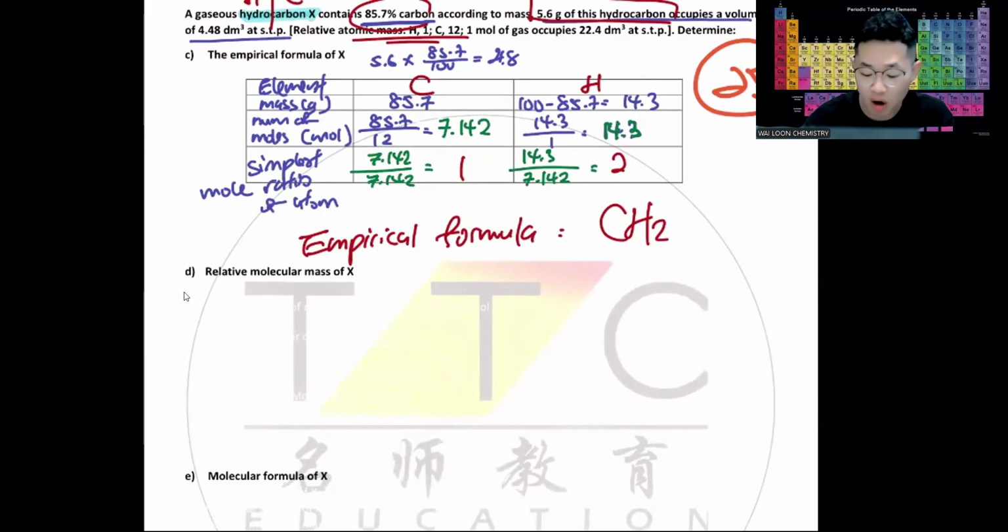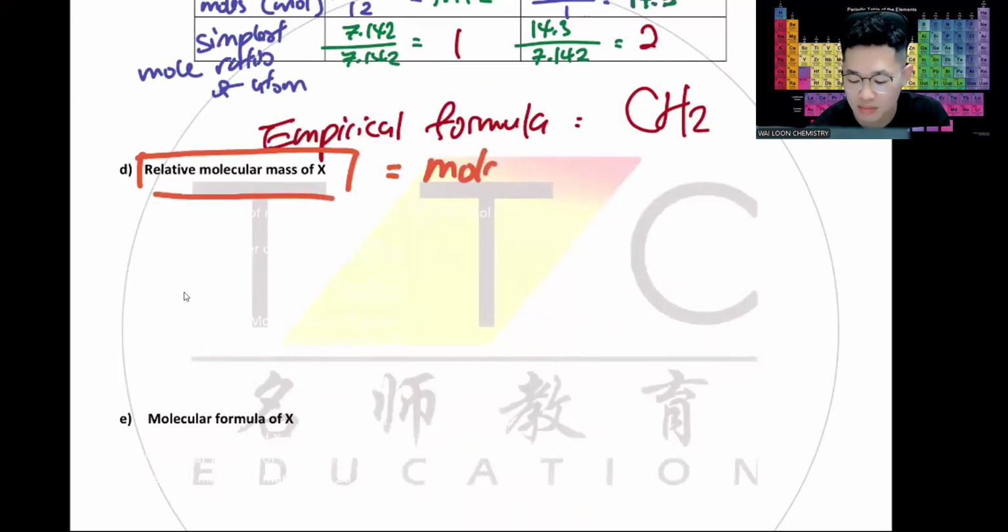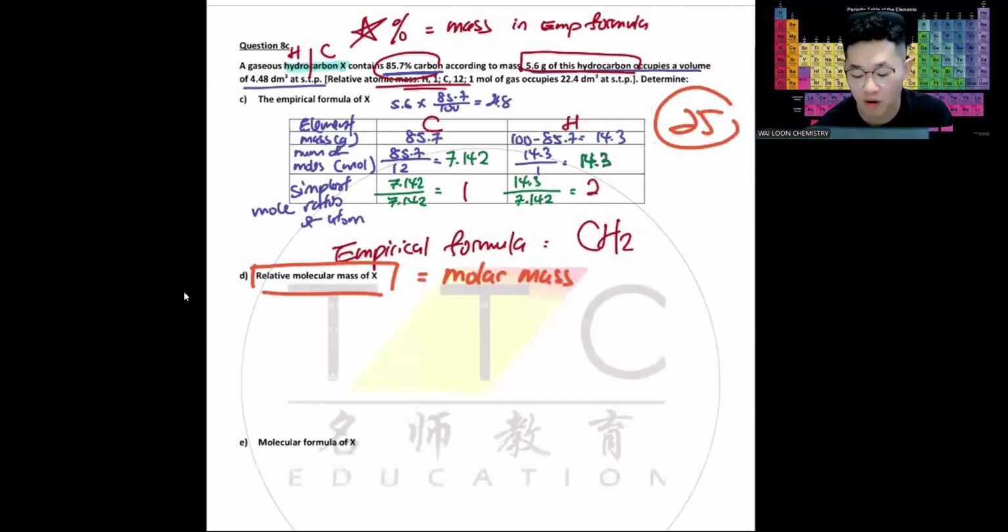Determine the relative molecular mass of X. To determine the relative molecular mass of X, relative mass is actually the same as molar mass. I have already used the first information to calculate the empirical formula.